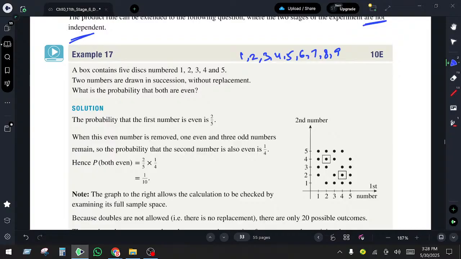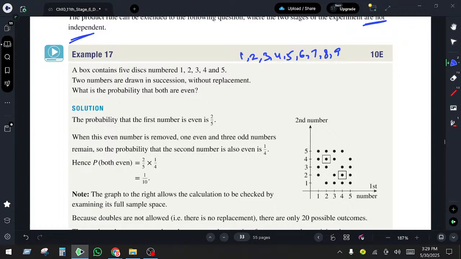It is 1, 2, 3, 4, 5, 6, 7, 8, 9. इसमें से भी मुझे 2 ही इवन आना है. ये भी जोड़ दिया, ये भी जोड़ दिया. अब मेरे पास 9 डिस्क.